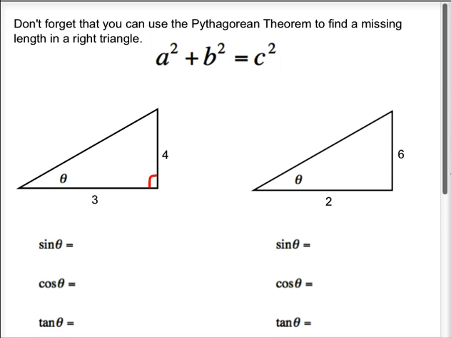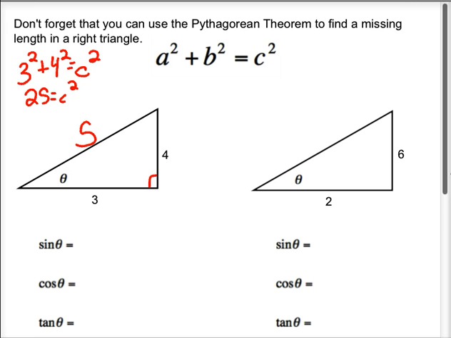So Pythagorean theorem says a squared plus b squared equals c squared. Well, 9 plus 16 is 25. So that length is 5.